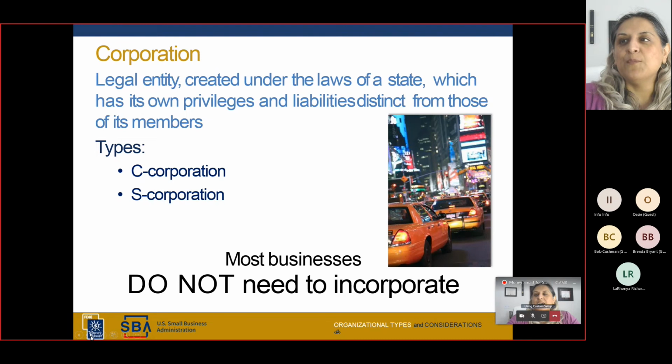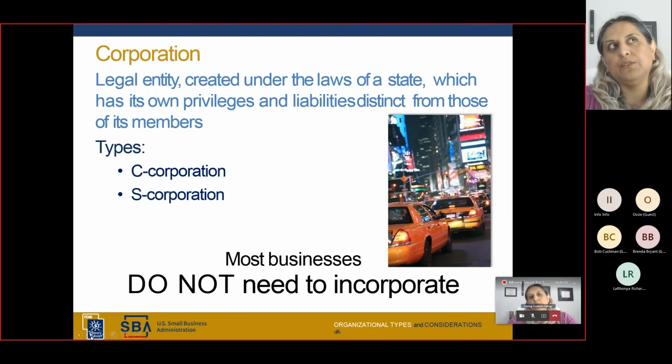While the individual may own all the shares in the corporation, the owner is not personally responsible for the corporation. So you can be a 100% shareholder. Everything is yours on paper, but you do not have personal liability for that company. So they can't attack your personal assets if you're ever sued for that corporation.